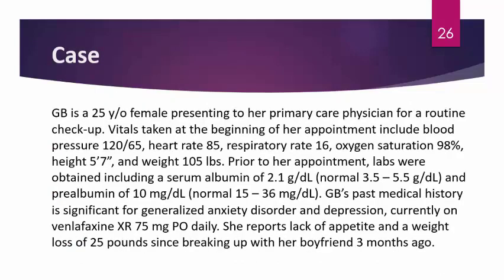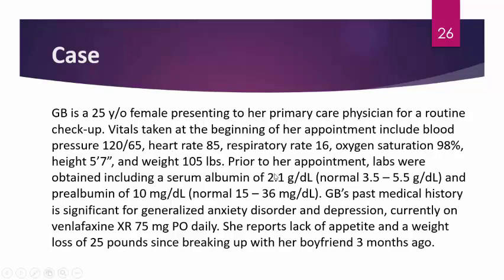And back to our case, we had GB, a 25-year-old female, presenting to her primary care physician for a routine checkup. Vitals include blood pressure 120/65, heart rate 85, respiratory rate 16, oxygen saturation 98%, a height of 5'7", and a weight of 105 pounds.